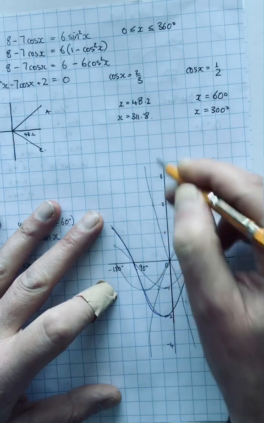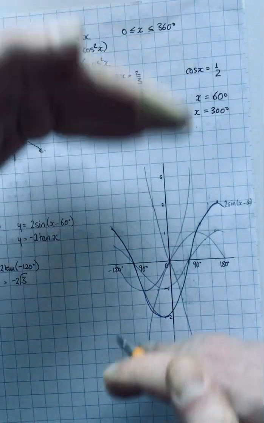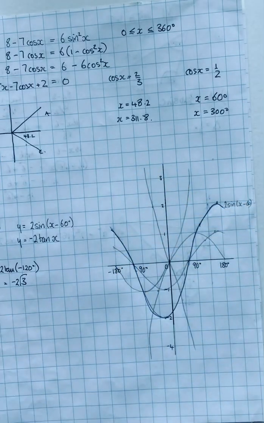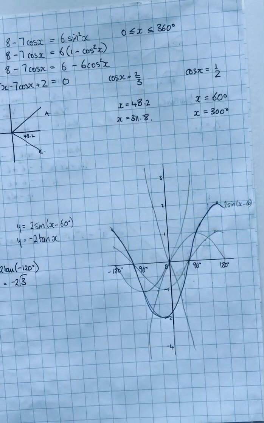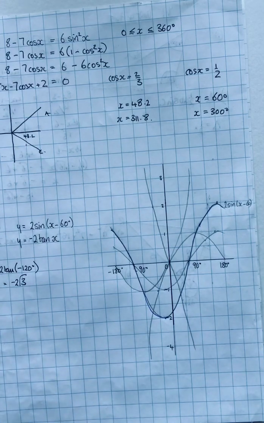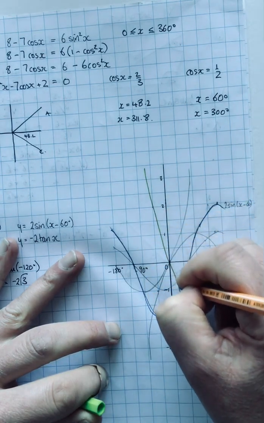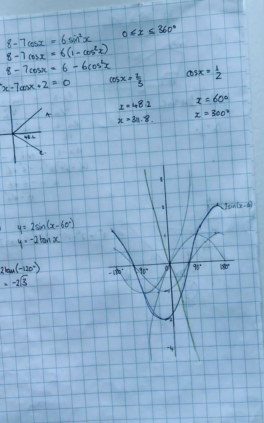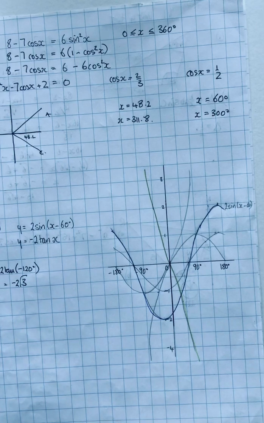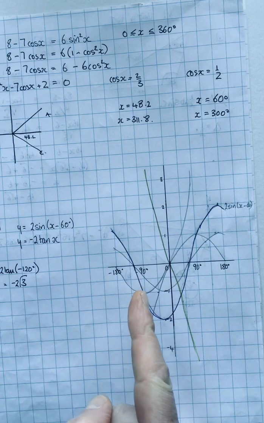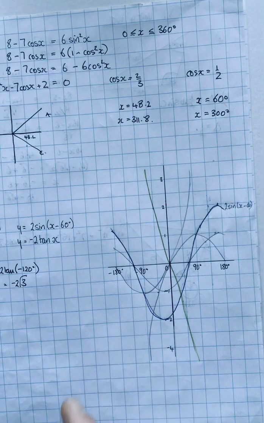There's not much of a turn in that, but if we squish the y-axis down, you'll see that even minus 2 tan does have a nice curve there. But because of the scale, you can barely see the curve. So this graph here is minus 2 tan x. Now we need to look carefully at our domain here, because I've drawn tan between 90 and minus 90, but the question wants us to draw them between minus 180 and 180.